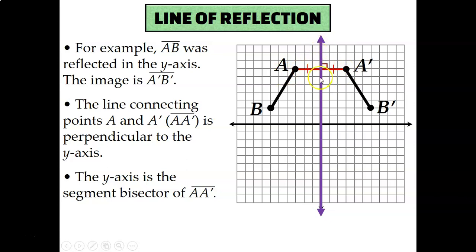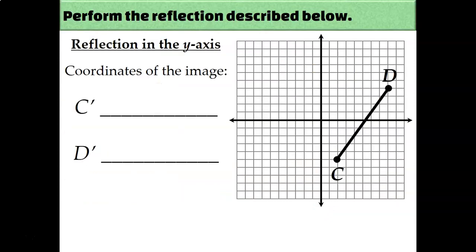And the line of reflection cuts AA' in half. This little part of the segment from A to the line of reflection is the same length as it is from A' to the line of reflection. And we could show that the same thing is true for B and B'. And this general idea is what we're going to use to perform reflections.